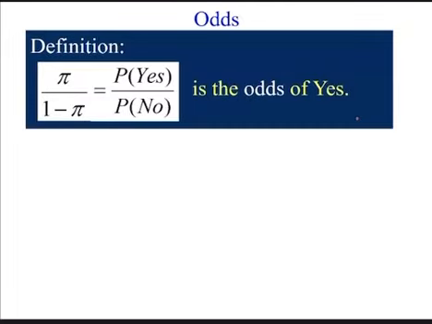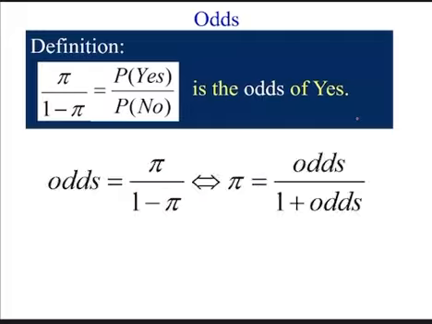It's similar to when a bank is looking into the ratio of a customer paying back divided by a customer not paying back, which is the odds of yes. Now, from the odds, I can determine the pi. I can determine the probability. This is just a mathematical way.